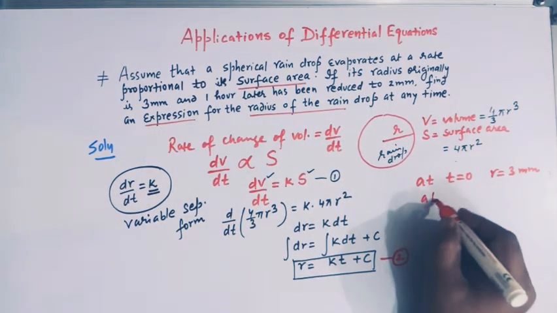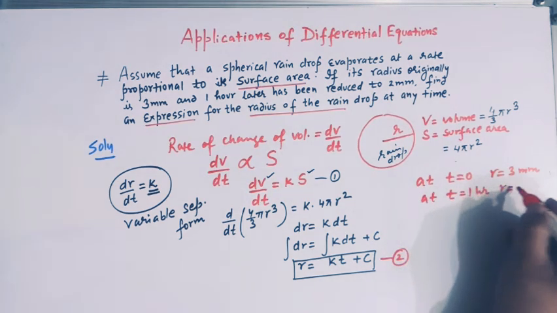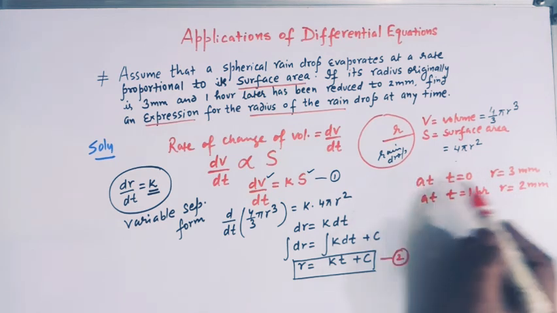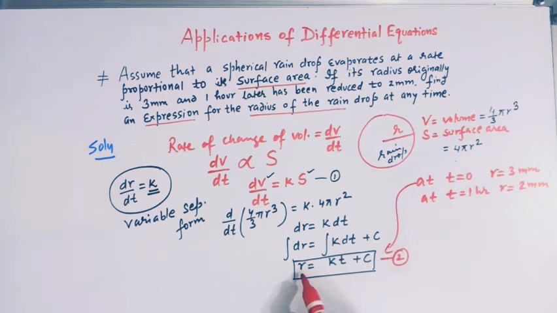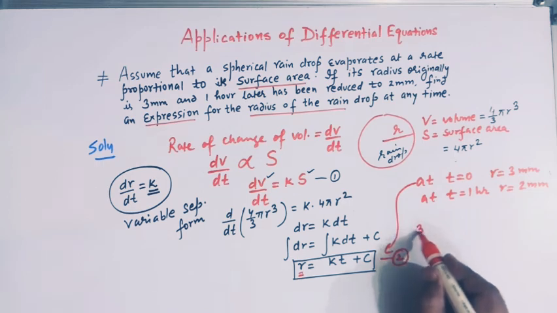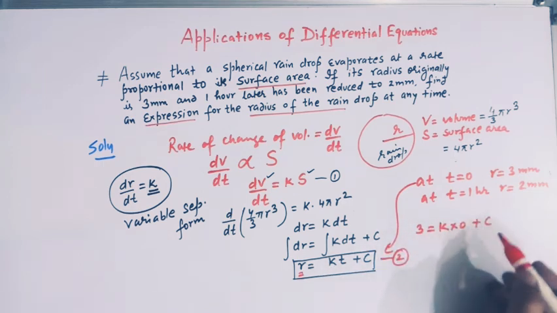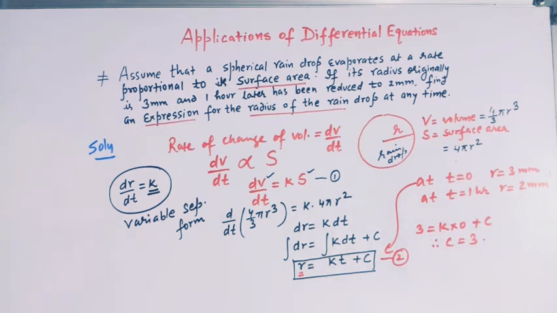So at t is equal to 1 hour, the radius becomes 2 millimeters. Let us first substitute the first value here. We will have 3 equals k times 0 plus c, so therefore c is equal to 3.